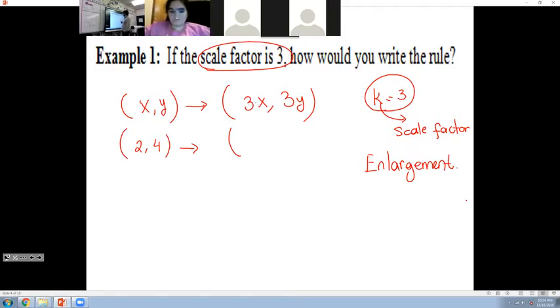You said you multiply each coordinate by 3. 2 times 3, or you can say 3 times 2, and then 3 times the next coordinate. What is the next coordinate? 4. All right? So we will put 4 in here. Now the new coordinate will be (6, 12). If you multiply each coordinate by 3, you will see that your shape will be 3 times bigger. It will be triple.